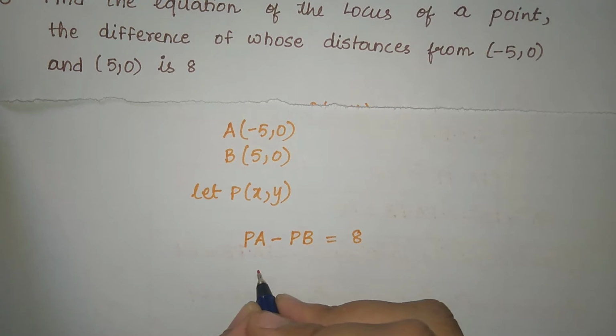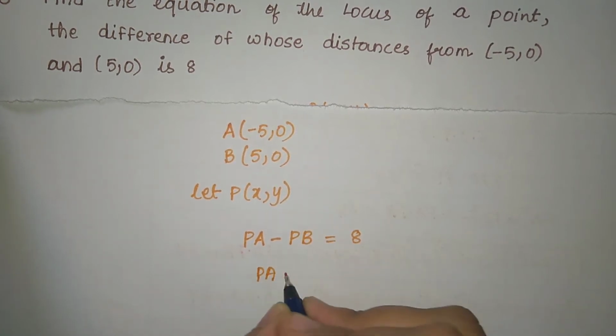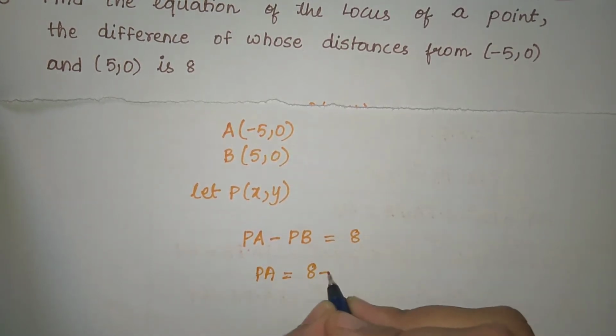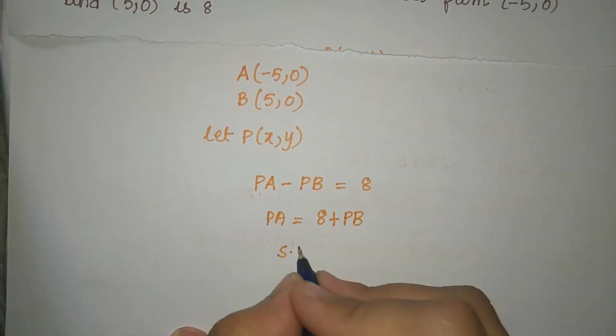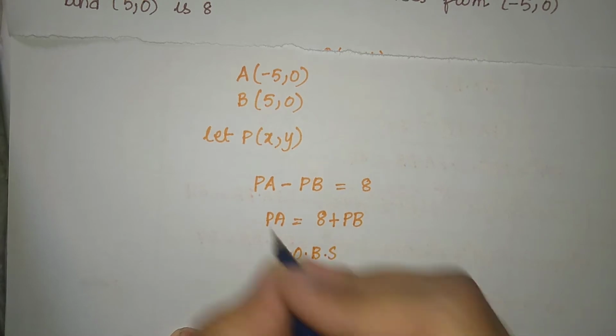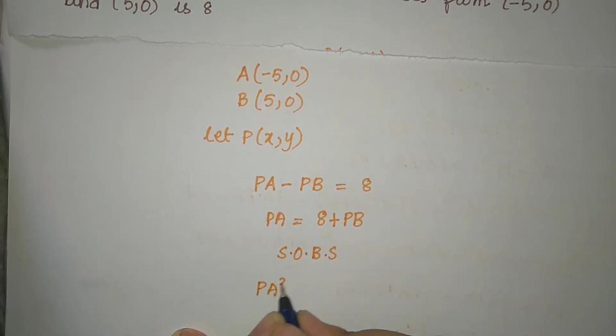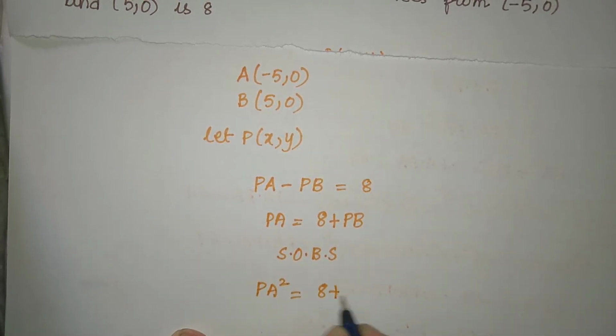So what we will do? We will take PA one side and send this to this side. So now you can apply squaring on both sides. Then you will get PA square is equal to 8 plus PB whole square.